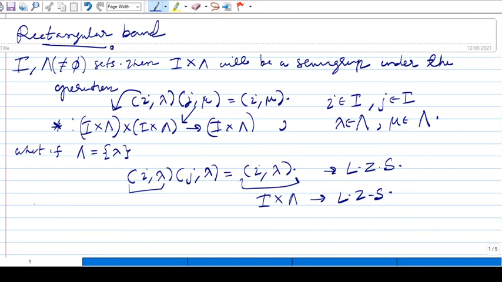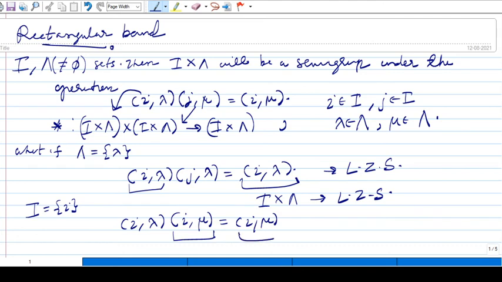What happens if the cardinality of I is one, a single i? Then let us look at the multiplication rule: (i, λ) × (i, μ). There is no j, only i. There may be a μ. The rule would be (i, μ). You can see that we are getting the right member as a result. It is similar to the multiplication rule in a right zero semigroup.